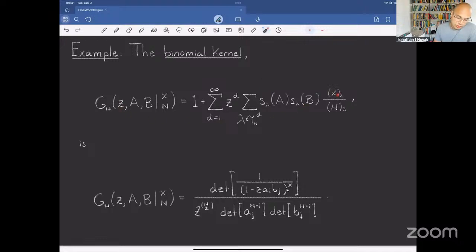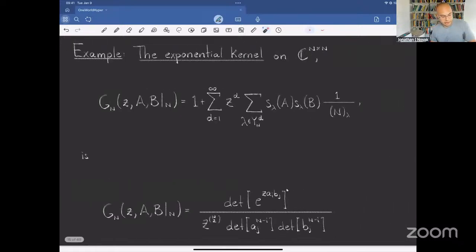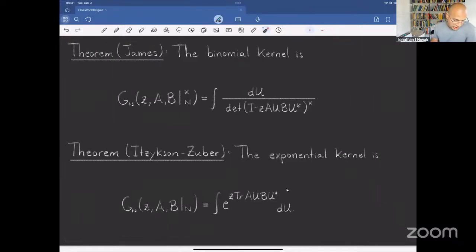If x is equal to -1, this series terminates after n terms, and you're actually only summing over diagrams with at most one column, and you're getting the elementary symmetric polynomials as the Schur polynomials here.